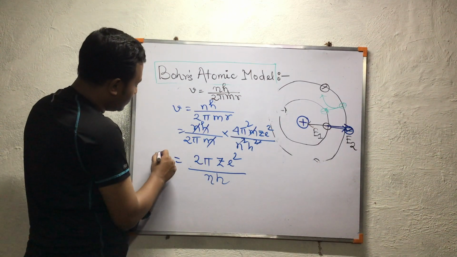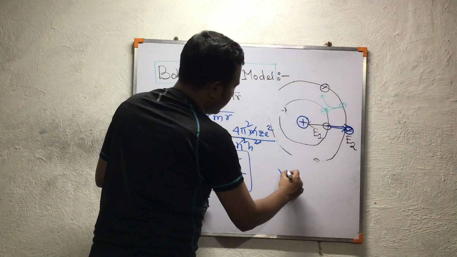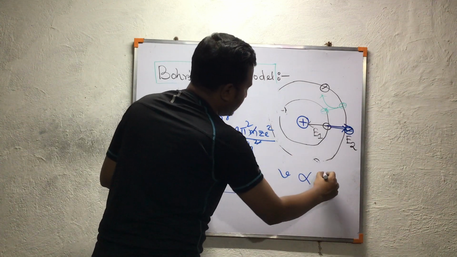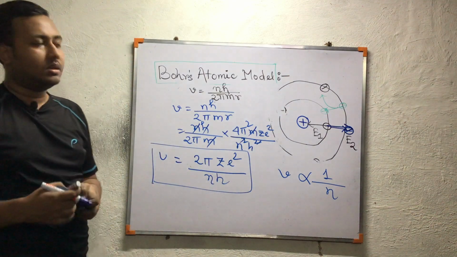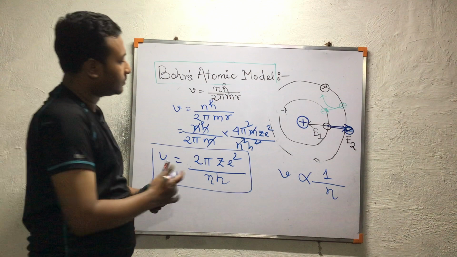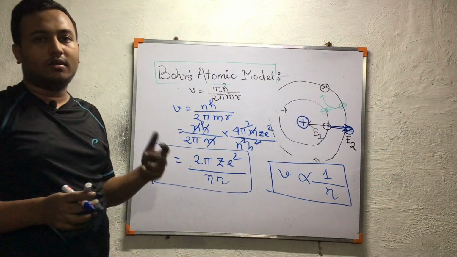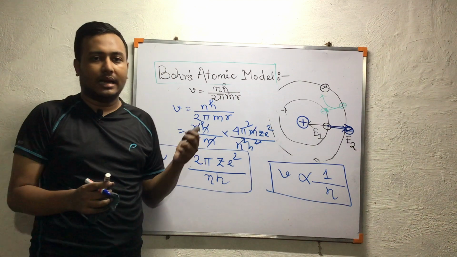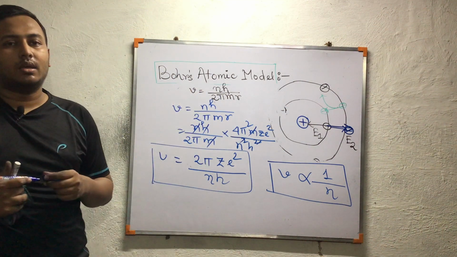So from this equation we can say that the velocity of the electron is inversely proportional to the shell number, so v is inversely proportional to n. This is how we can calculate the velocity of the electron and the radius of the orbit from Bohr's atomic model.